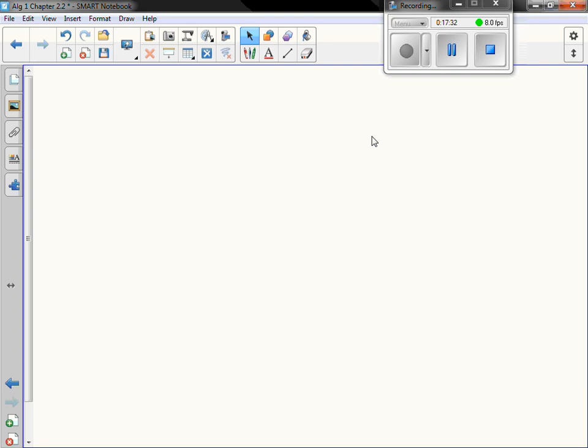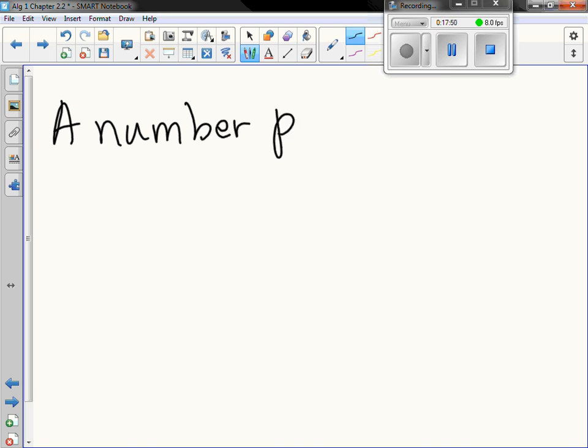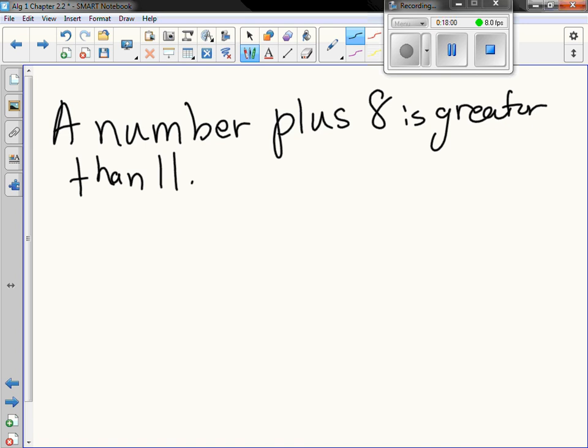Okay. Flip to the back where there's a blank page at the end of the note sheet. A number plus 8 is greater than 11.